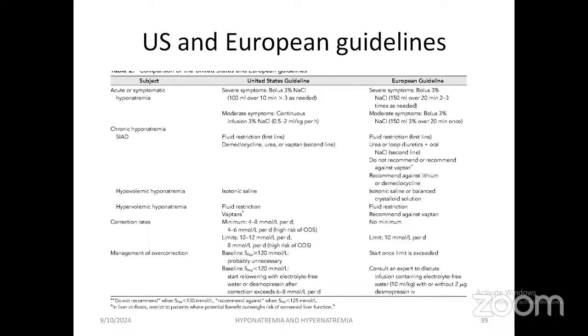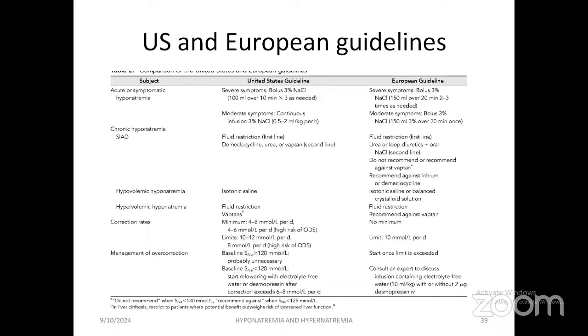They recommend against using Vaptans. They also recommend against lithium or demeclocycline. In hypovolemic hyponatremia, isotonic saline is given according to both guidelines. In hypervolemia, fluid restriction is given in both guidelines, but Vaptans are considered in United States guidelines, and in European guidelines, they recommend against using Vaptans.